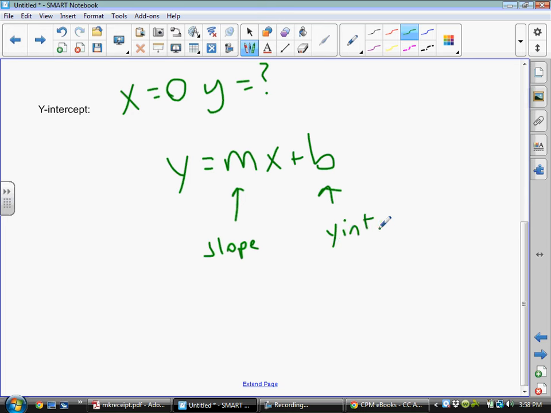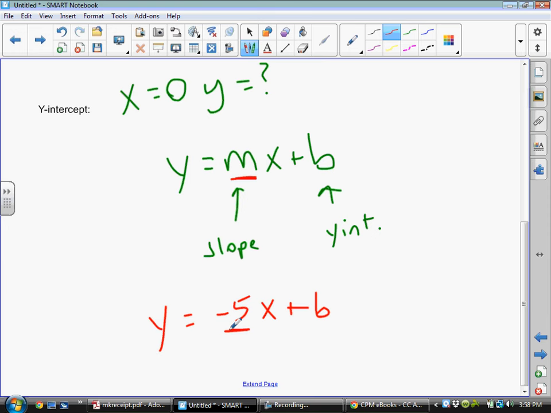So far we know the slope was negative 5, so I'm going to replace that in my equation and keep everything else the same. I just replace the m with the actual number I know it is.